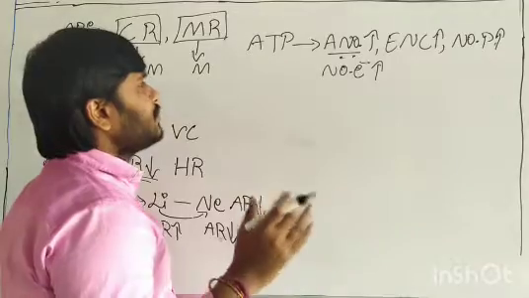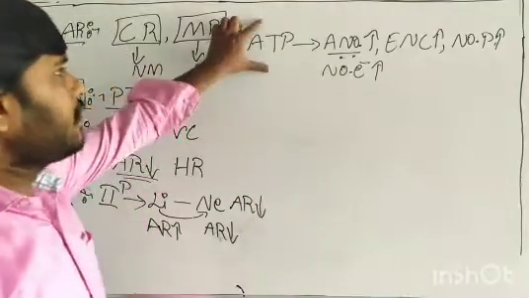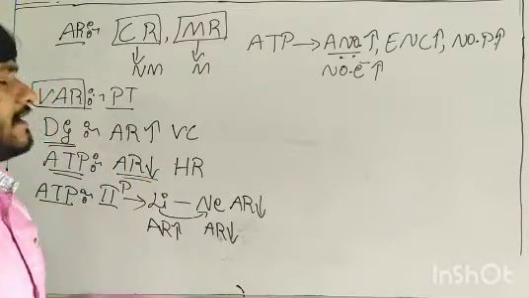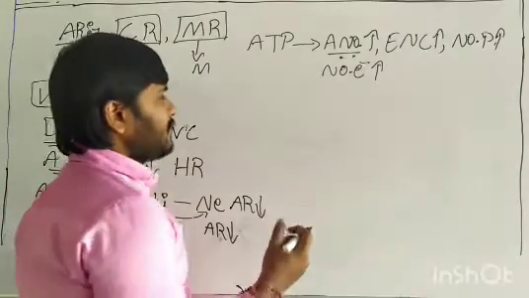The major thing you should observe here is the general concept: along the period, atomic radius decreases. And what is the reason for this?